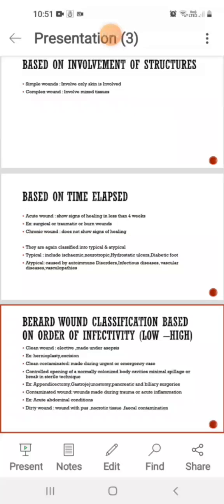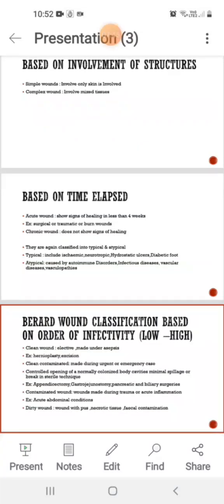So the first one, superficial, is only epidermis and dermal papillae. The next one is up to deep dermis, then entire skin and subcutaneous tissue, then muscles and deeper structures, then nerves and vessels, complicated wounds, and the next one is natural cavities and organs.